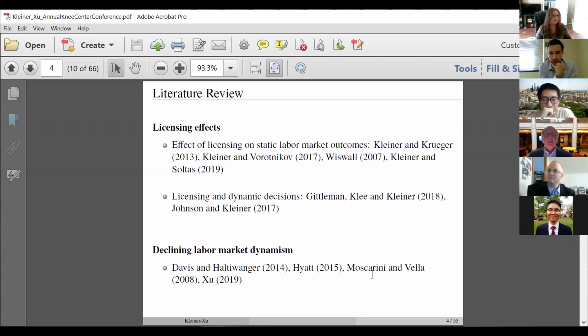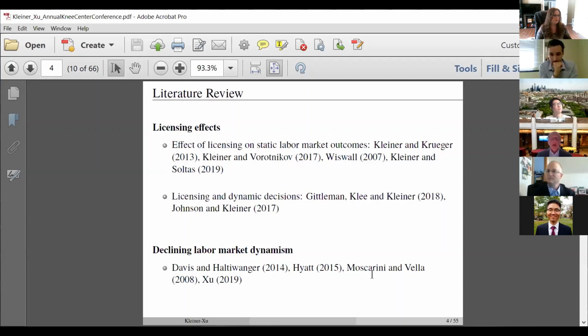There have also been some dynamic licensing effects, that is, looking at licensing and its effects on wages over time. Also work on what effect licensing has on interstate mobility, the ability of individuals to move across states, and barriers to entry as a result of reciprocity problems or issues within a particular occupation.